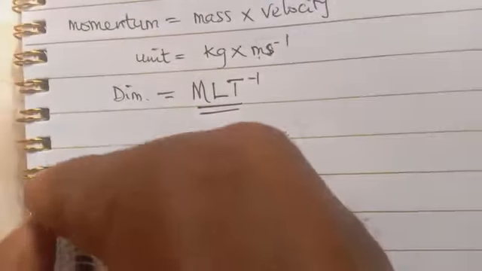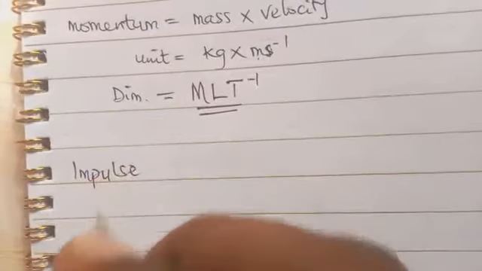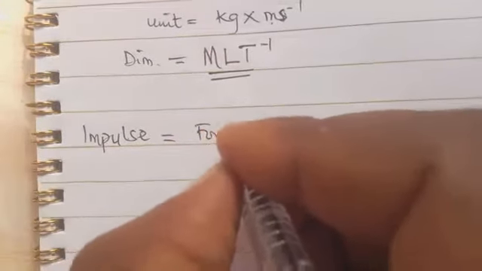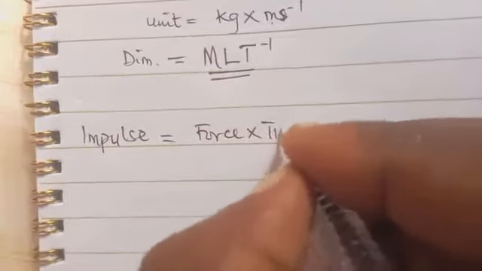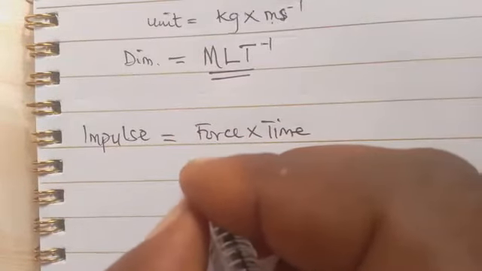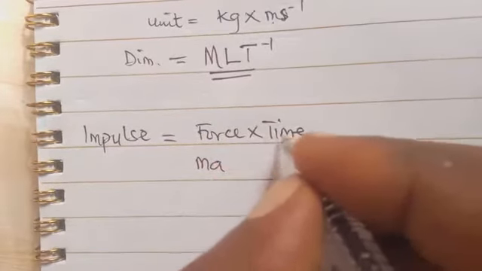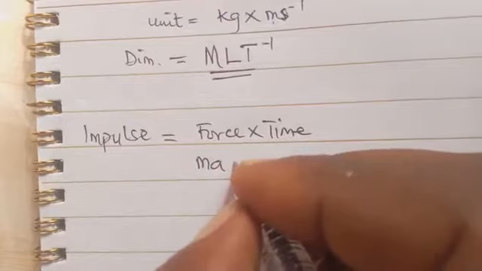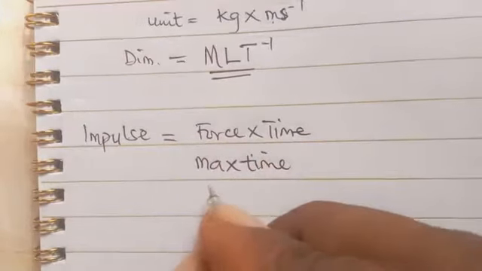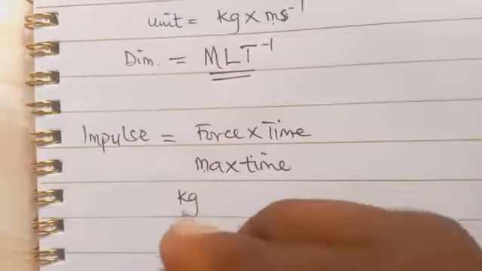Let's do one more. Let's say impulse. Impulse is given as force times time. Now remember that force is given as mass times acceleration. Now times this time, we have times time. Mass is given as kg.